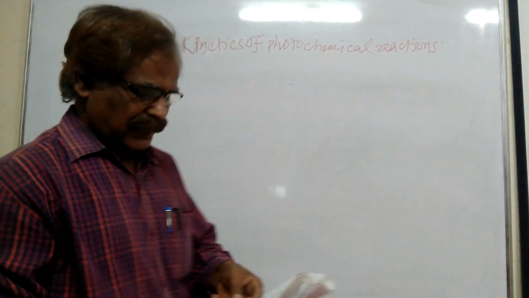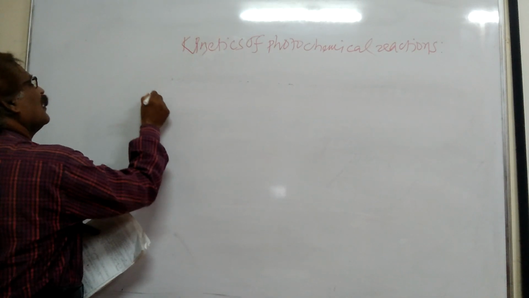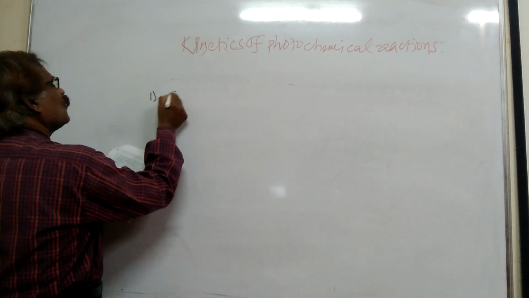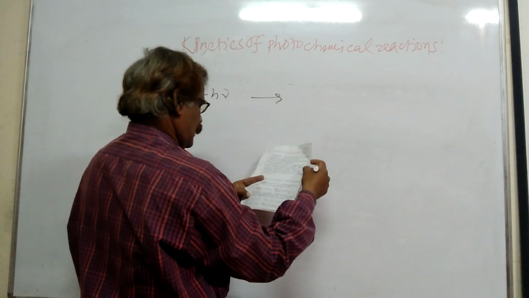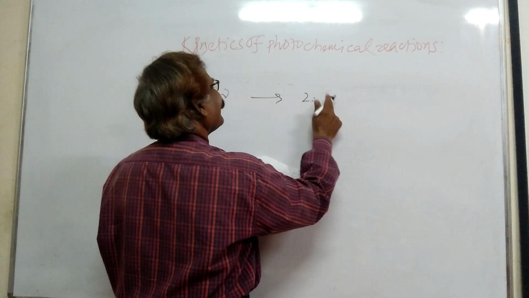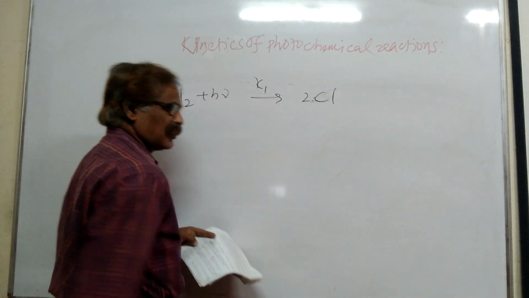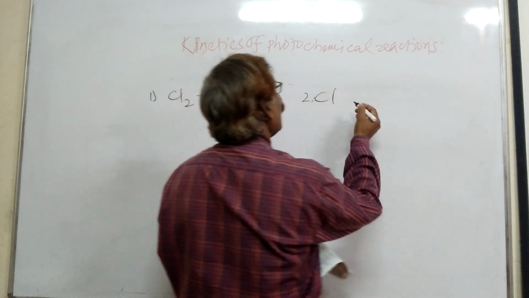Number 1: Cl2 plus h nu gives 2Cl, and the rate constant of this reaction is K1.